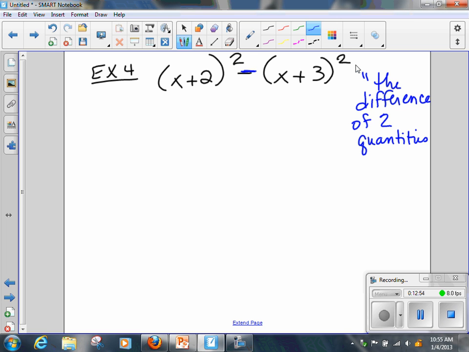Would you agree that those quantities are what? They are being subtracted from one another. Yes, that's right. But look at the quantities. They're squared. This is the difference of 2 quantities that are squared.